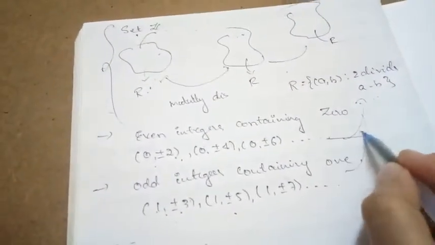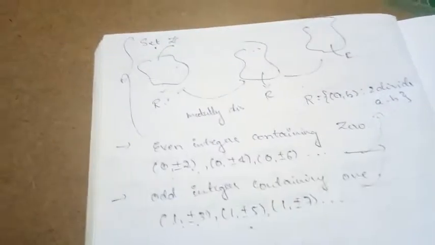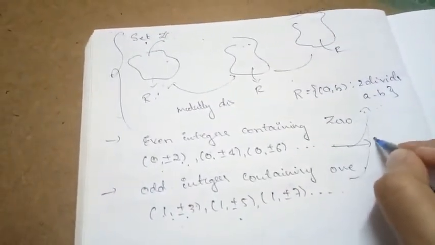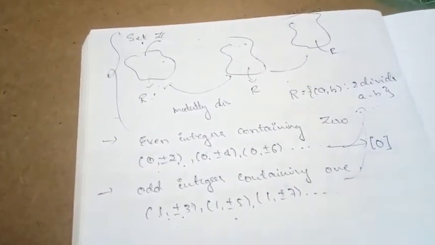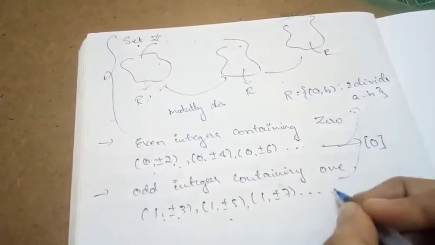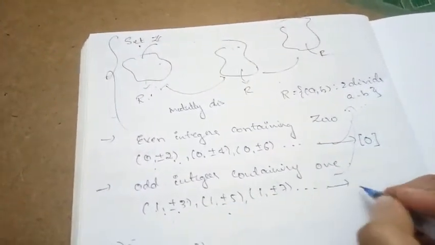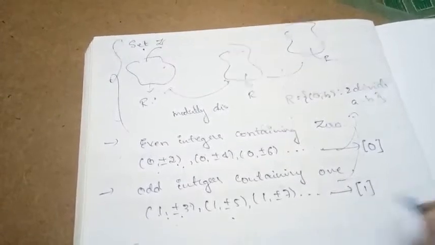Here this part starts with 0, so I represent it with the class of 0, and here all the elements are related to 1, so I represent it with the class of 1.